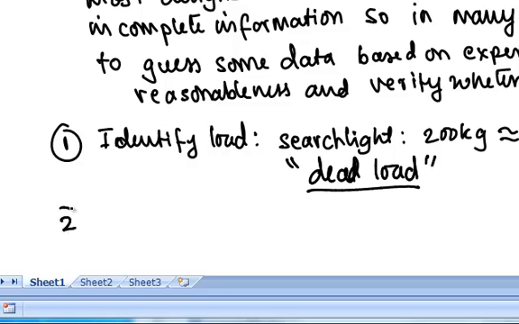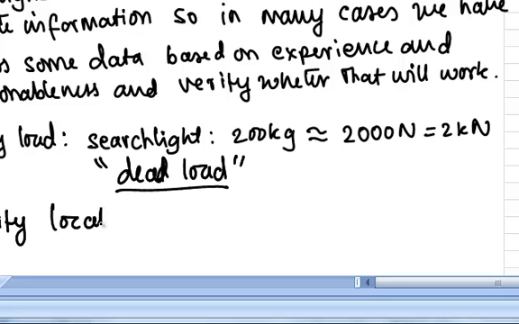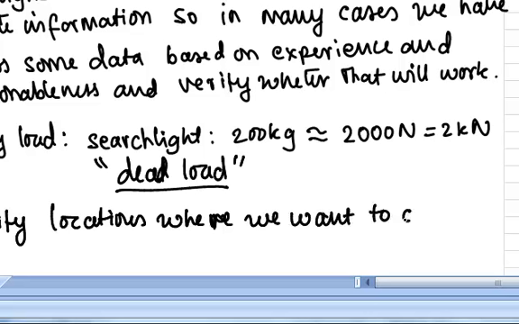Second, we're going to identify locations where we want to check for failure.